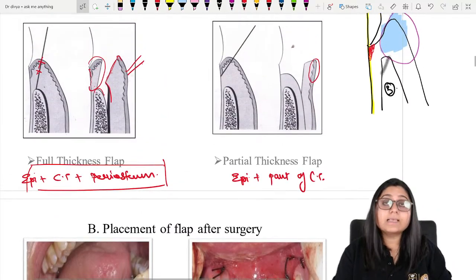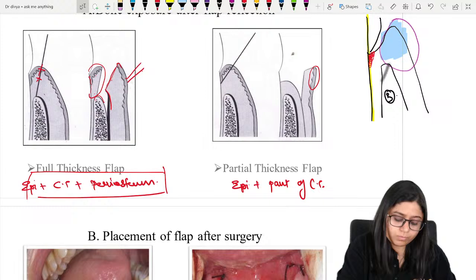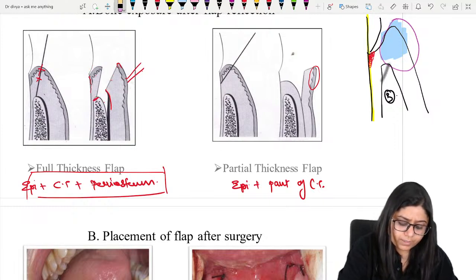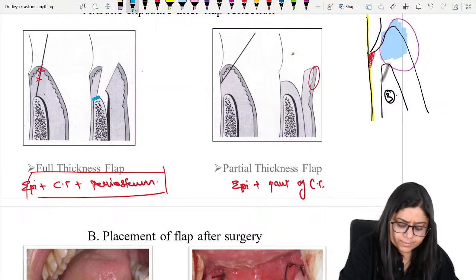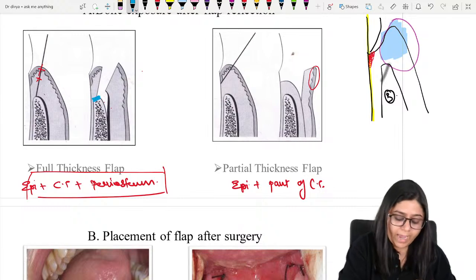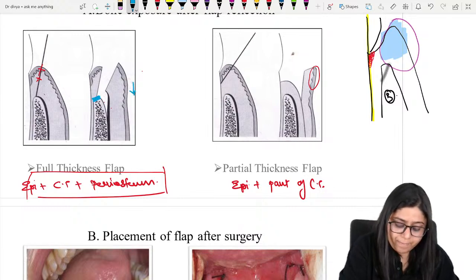But sometimes we do osseous resection. We remove some part of the bone, like in the cases of crown lengthening, where we remove this much part of the bone. We do ostectomy and we displace this flap apically.